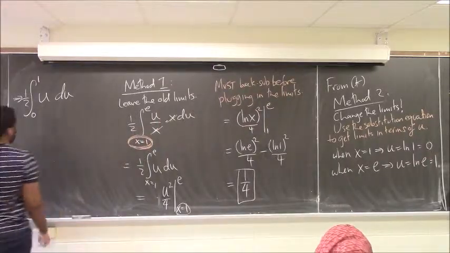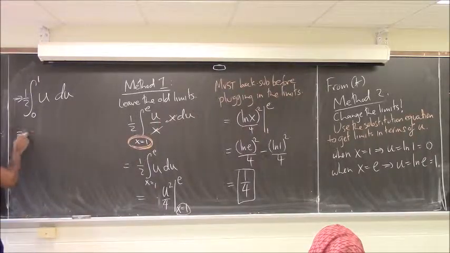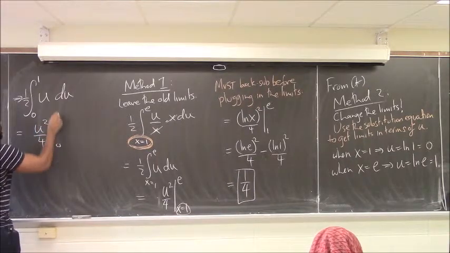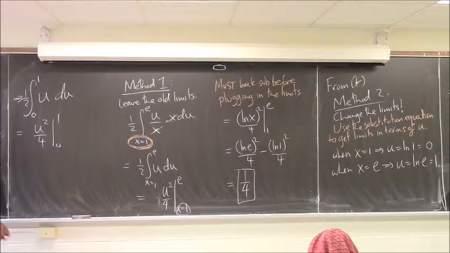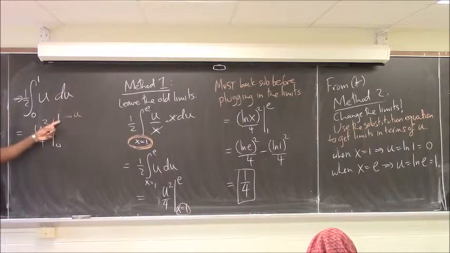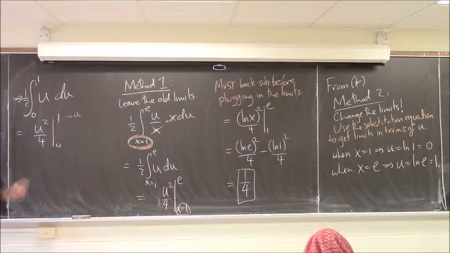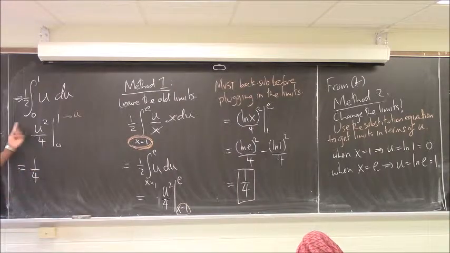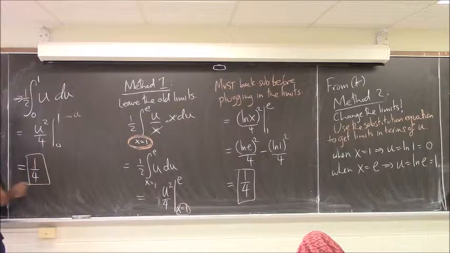Once I integrate u to u squared over 4, I don't actually have to back substitute because these are now the u values. I can just plug these numbers directly in without changing back to x first. So I plug in 1, get 1 over 4, plug in 0, I get 0, a quarter.